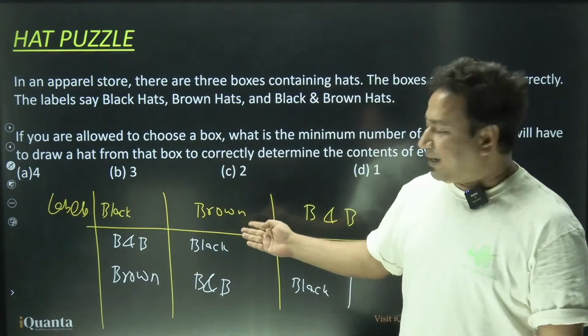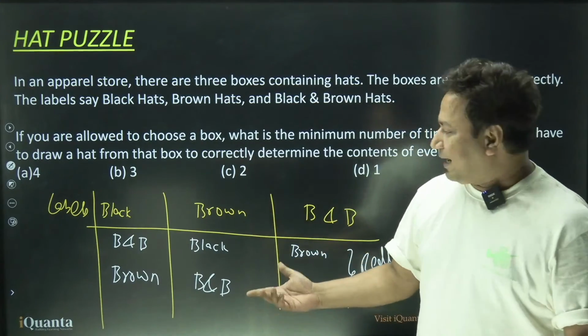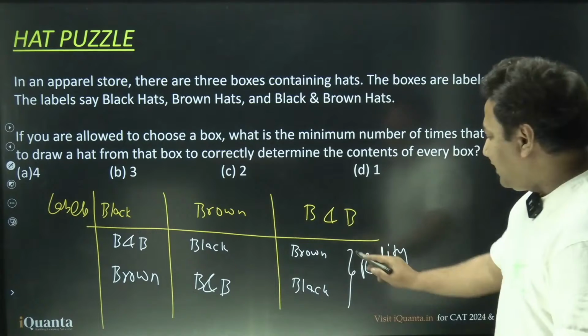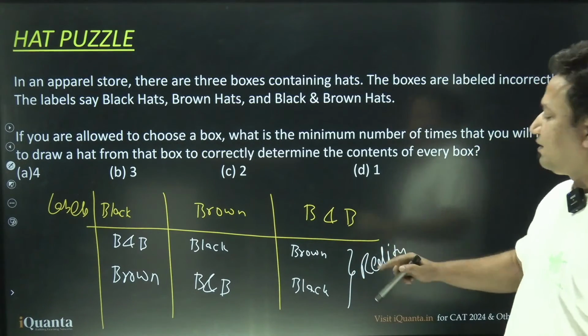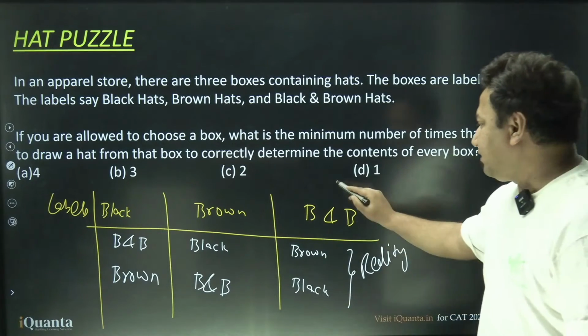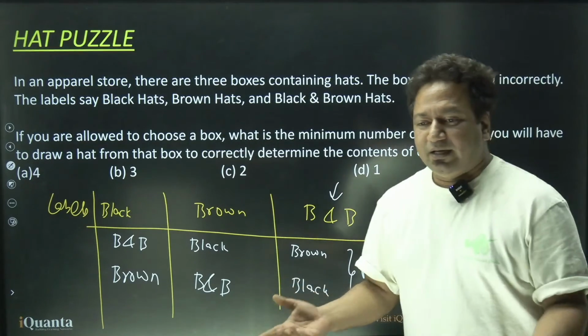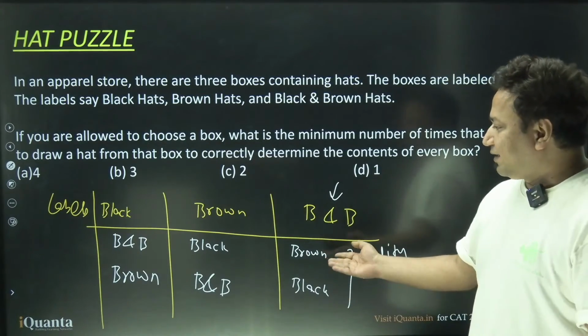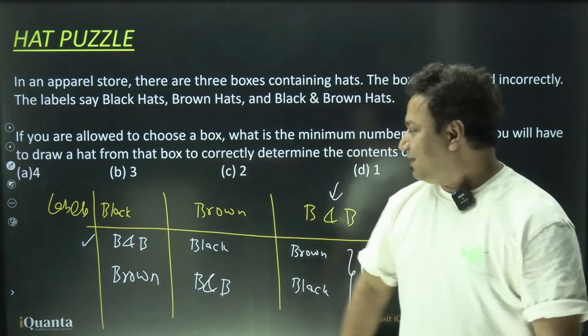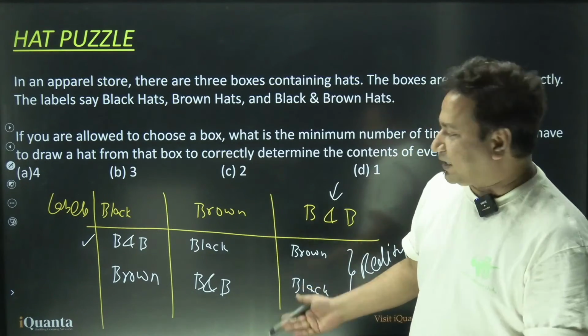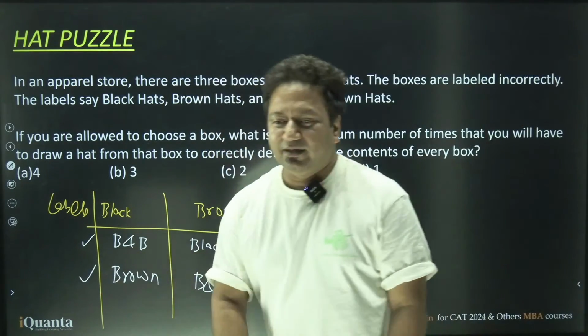If I pick it from brown, I might get brown. I won't be definite. I'd be confused. But here I'm sure. In this column we have definite answers. That means if I pick one hat from B and B, I'll get the answer. If I get a brown hat, then it's the first possibility. I'll rearrange the labels correctly. If I get a black hat, I'll rearrange accordingly. Is that clear?